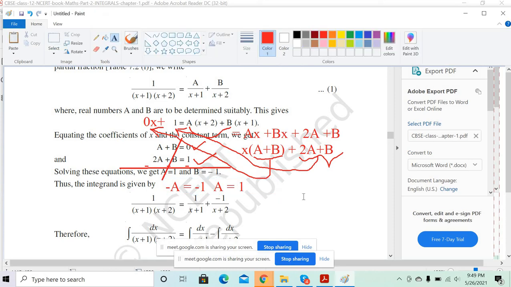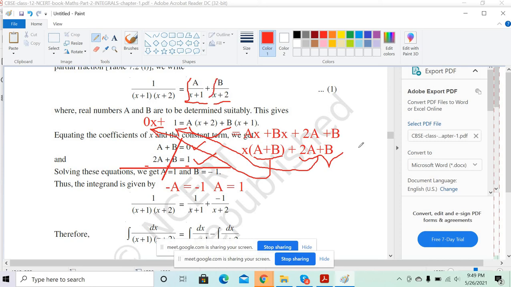Yes, sir. Clear? Any questions, any doubts? No, sir. Clear. Once you get the values of a and b, you substitute them here and then integrate separately.